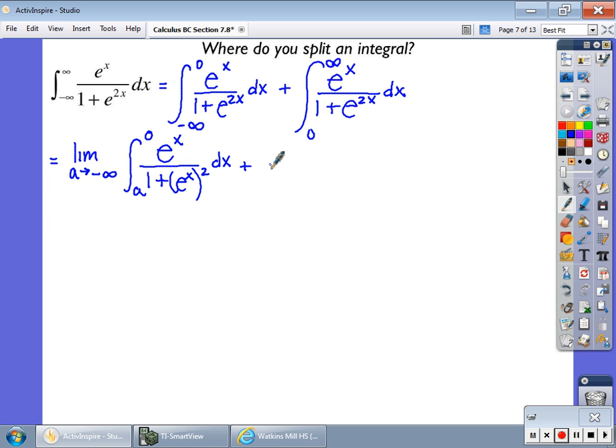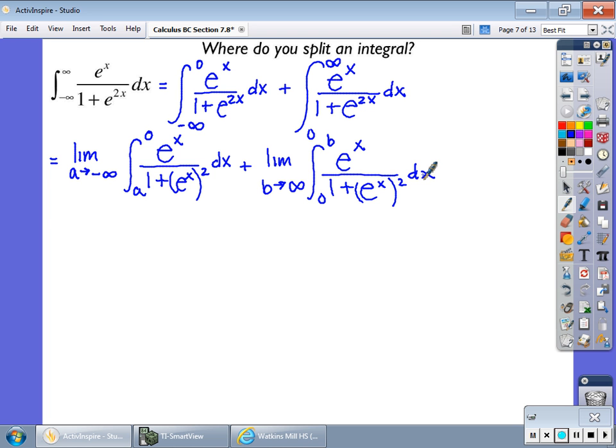Then we're going to add to that the limit as b approaches positive infinity of the integral from 0 to b of e to the x all over 1 plus e to the x squared dx.